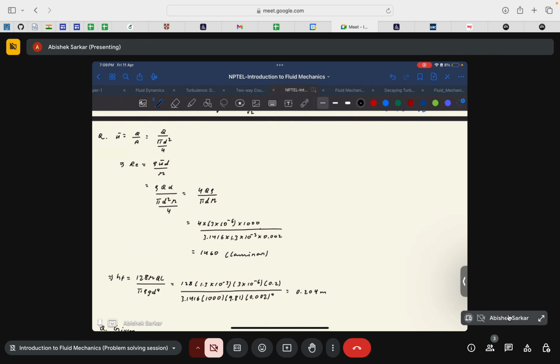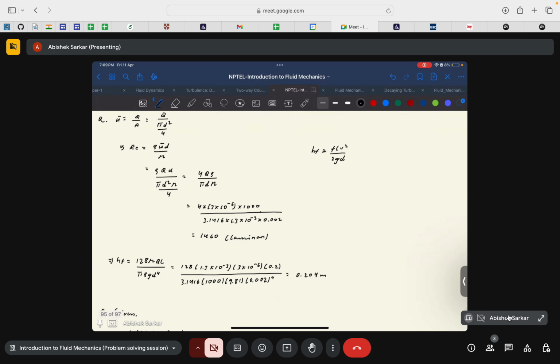Okay, so we have HF as f L V square by 2 g D. This is the relation between the head loss and the Darcy friction factor.